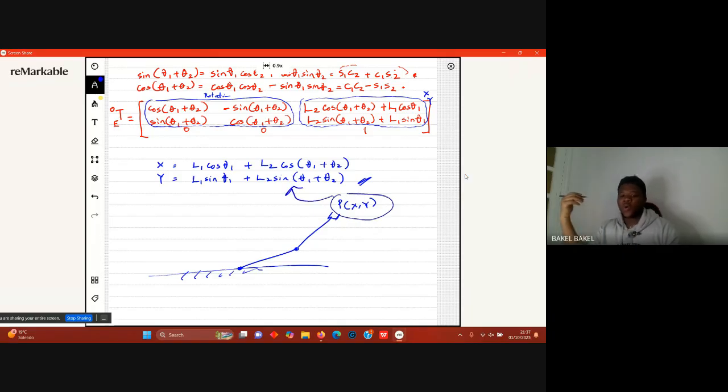When we first started, we were not concerned about rotation, because on a 2D, if this guy wants to rotate, the whole link just ends up rotating either way, depending on the configuration we have. But on a 3D, there are so many possibilities for rotation.